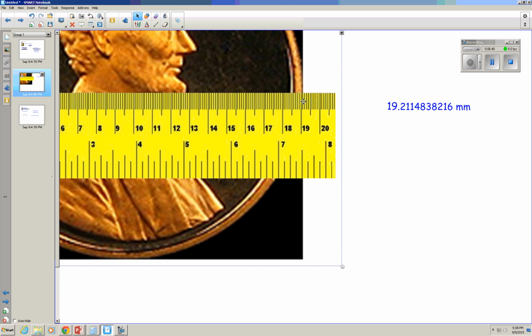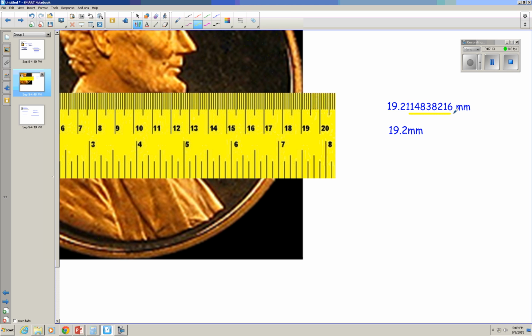So maybe the best I can do here, or maybe it's a little bit bigger. Maybe it's like 19.2. So maybe I can say with the best of my ability with this ruler that this penny is 19.2 millimeters.